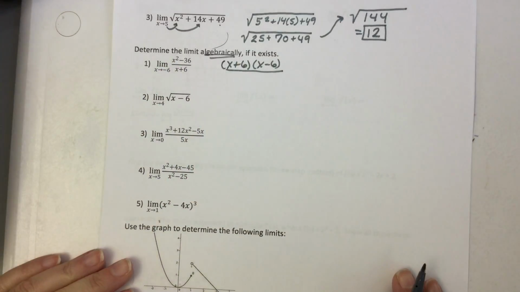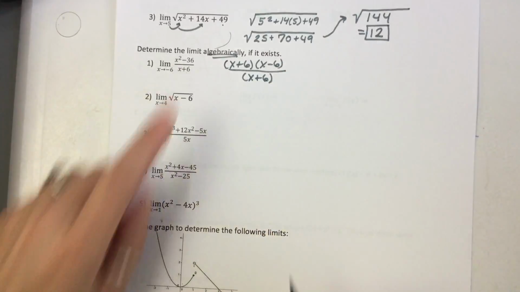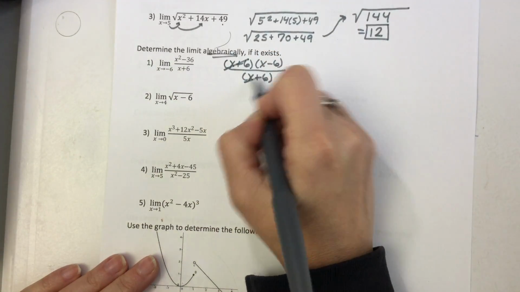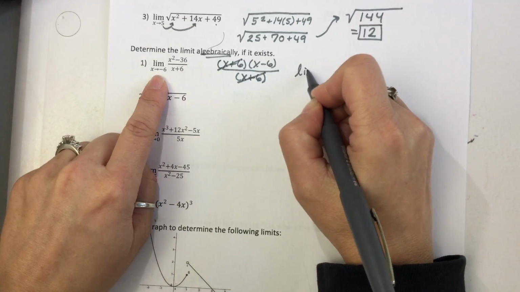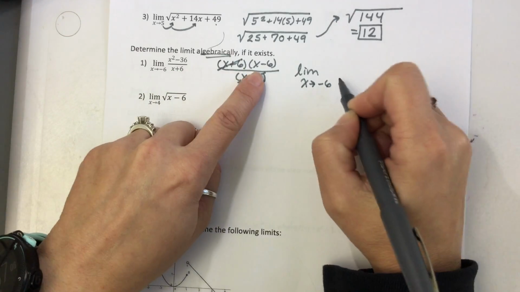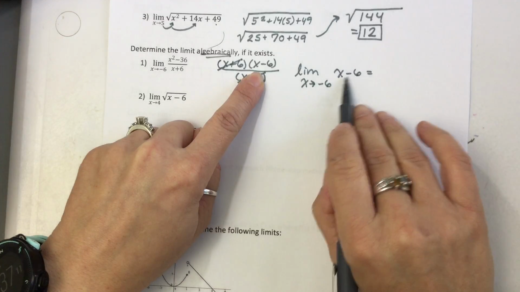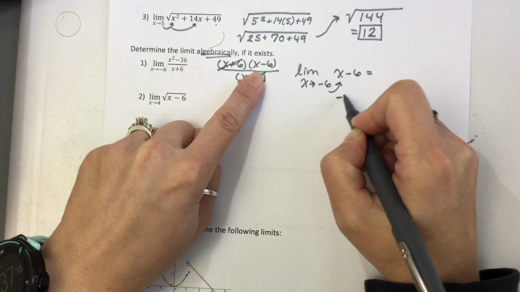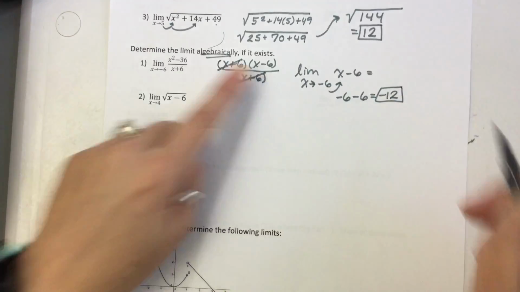All I did was factor using the difference of squares. The bottom is x plus 6. X plus 6 on the top cancels x plus 6 on the bottom. So now we can calculate the limit. The limit as x approaches negative 6 of whatever you have left. What I have left is x minus 6. Now I can substitute. Negative 6 minus 6 is a negative 12.